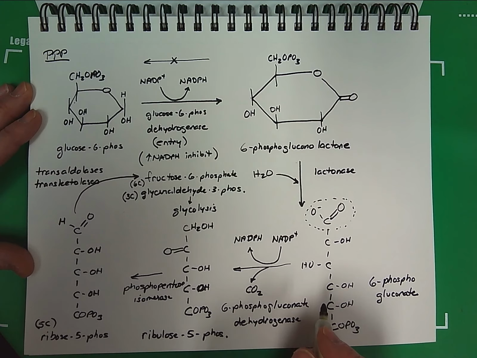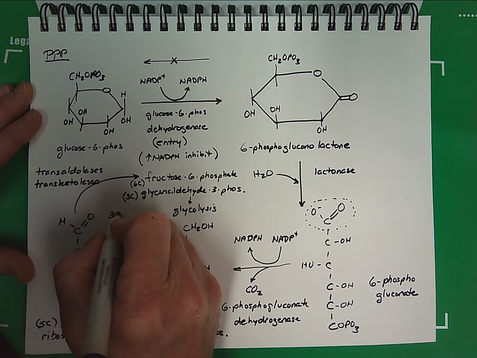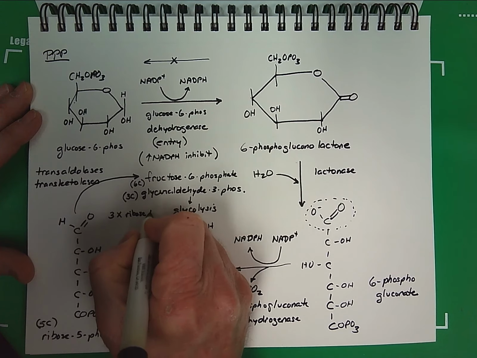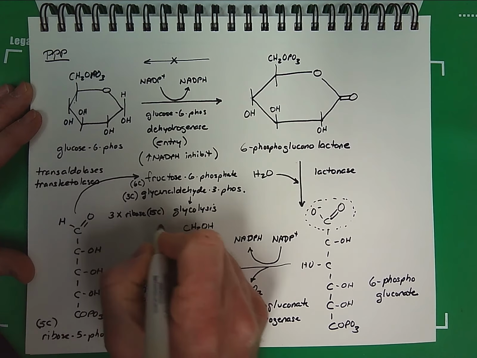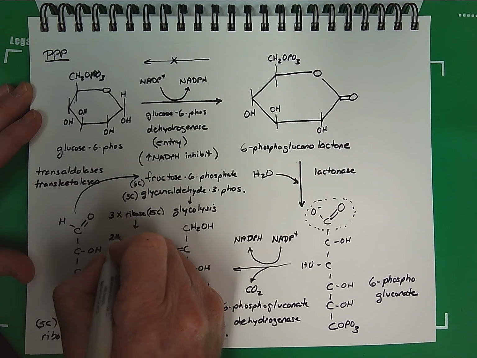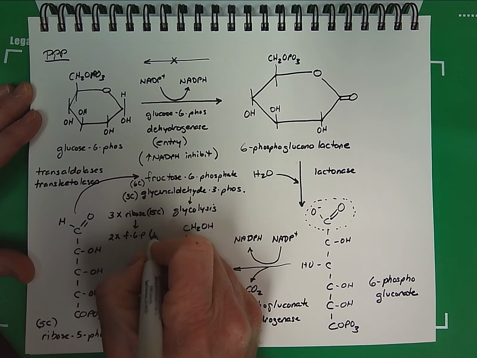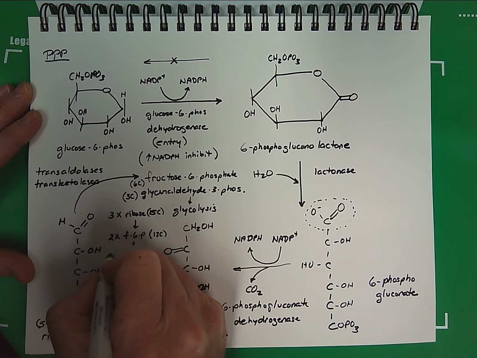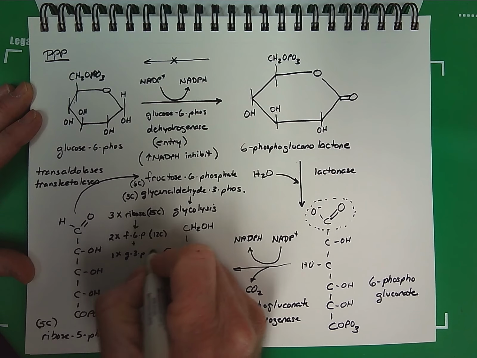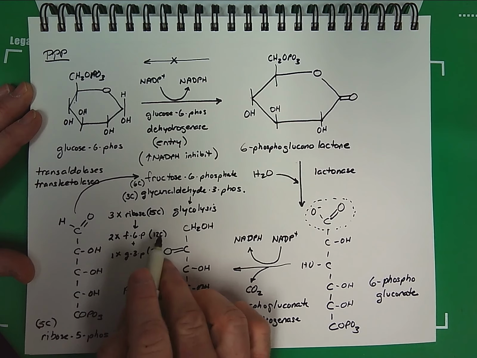So if you do the math, what we're looking at is that 3 ribose, which is 15 carbons, will be converted into 2 fructose 6-phosphate, which is a total of 12 carbons, plus 1 glyceraldehyde 3-phosphate, which is a 3-carbon, to balance the carbons in our chemistry.